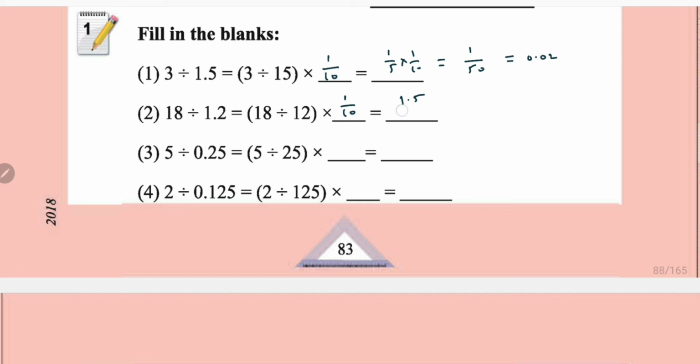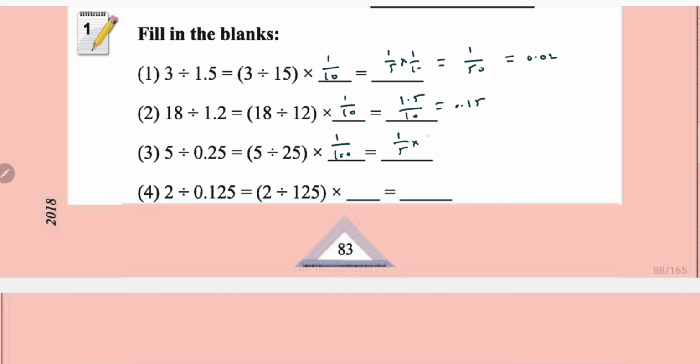So this is correct, by 10, nothing but 0.15. Is that correct? 6 3s are, 6 2s are, yeah, correct. This is 1 by 100.